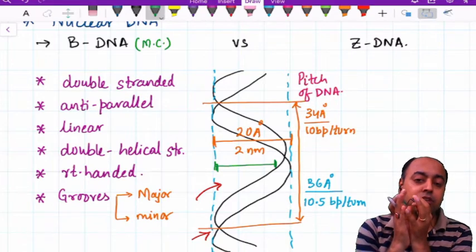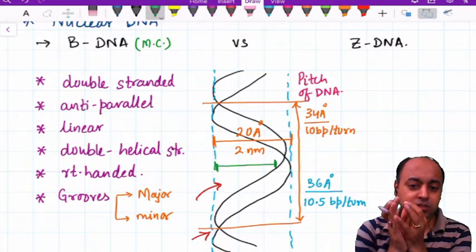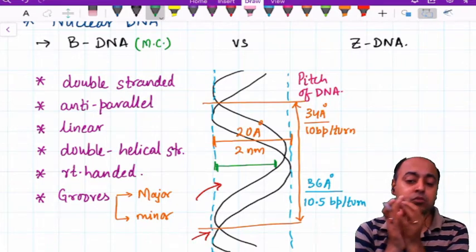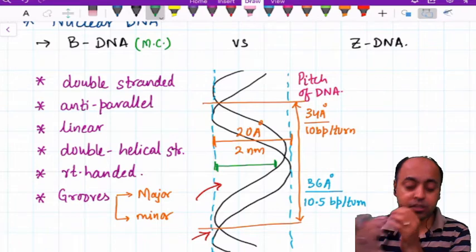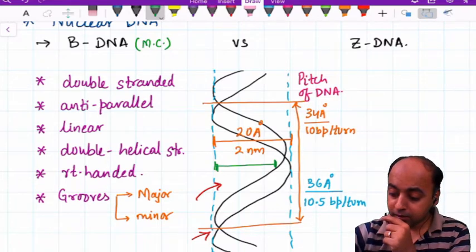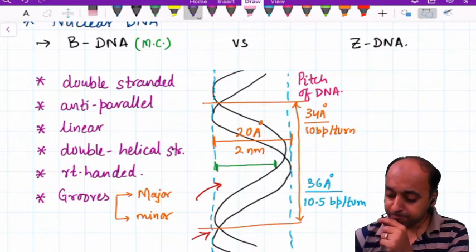Half the width would be let's say 10 Angstrom, but here you can see the distance is definitely more than 10 Angstrom. The benefit of this major groove is the proteins which interact with the DNA.